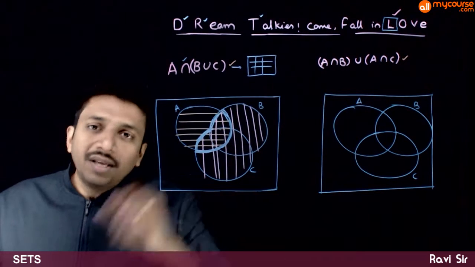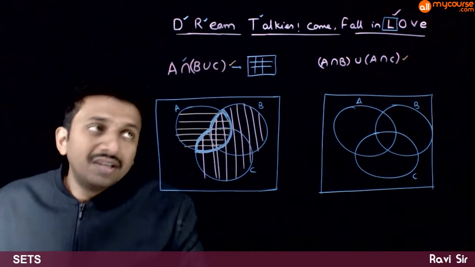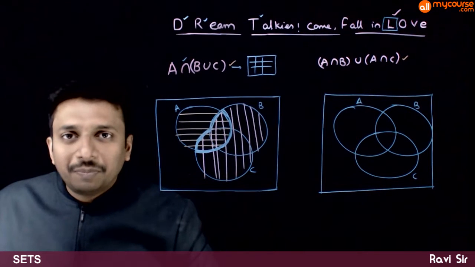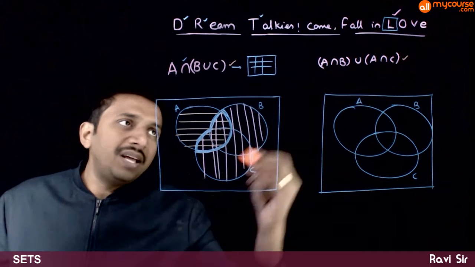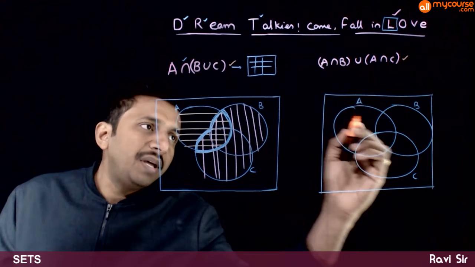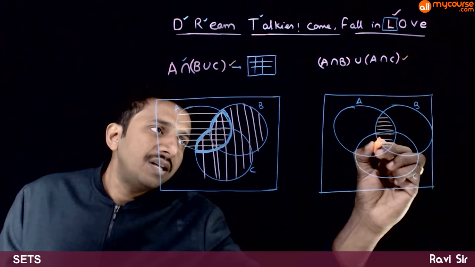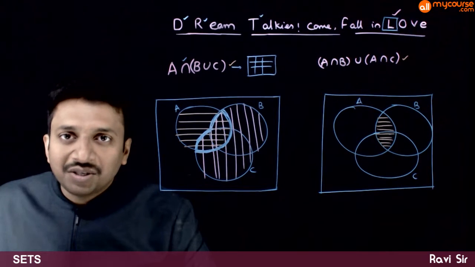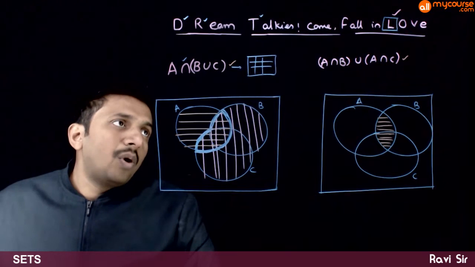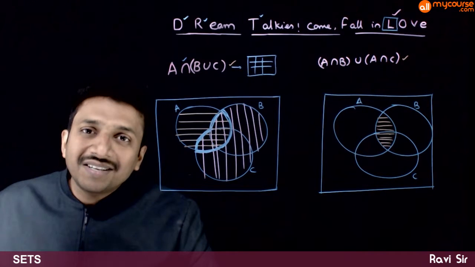Now let us go to the next section. What is A intersection B? A intersection B is the region common to A and B, so this region is A intersection B. Next, what is the region corresponding to A intersection C?